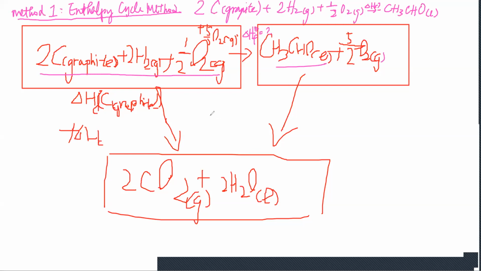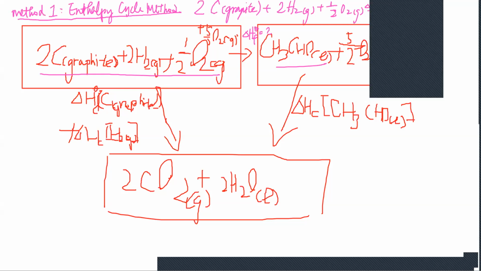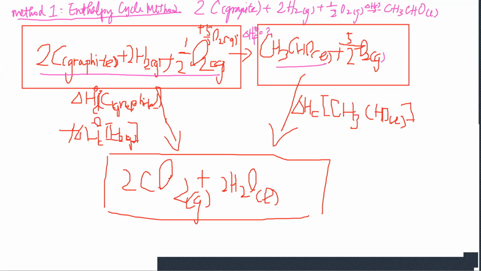Can you see that? What he's now going to do is to find the 2 combustion terms. One is combustion of graphite, while the other is combustion of hydrogen, with the corresponding ratio. You need to give a ratio times something.